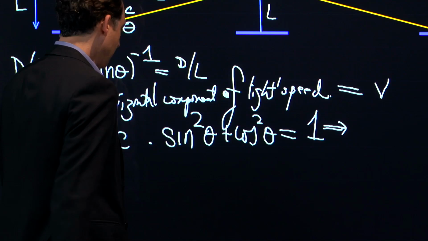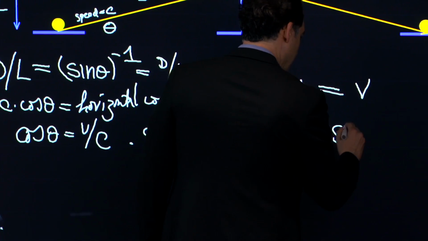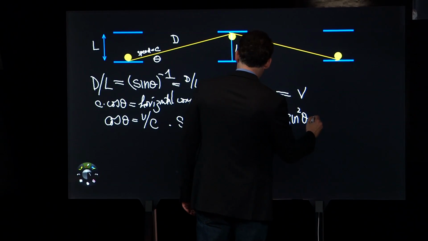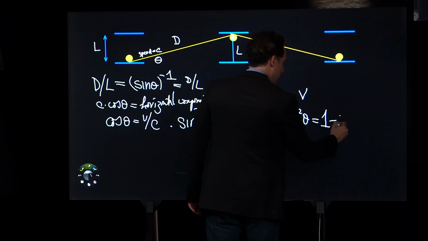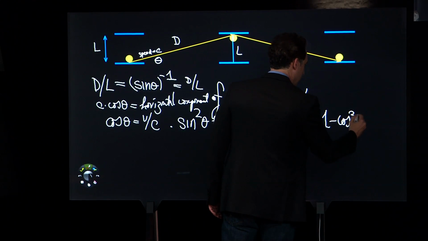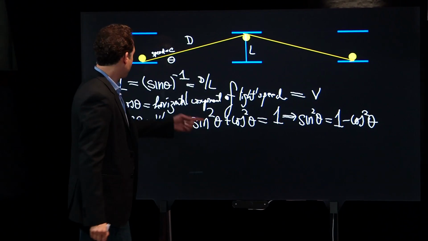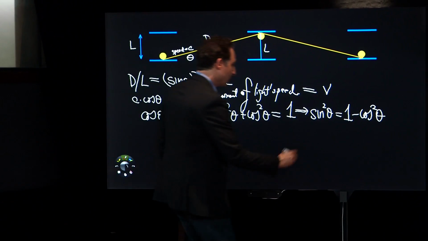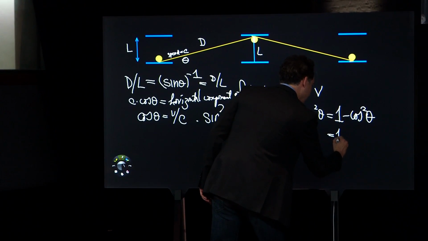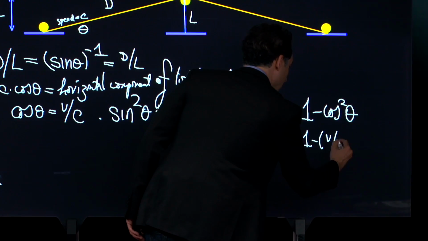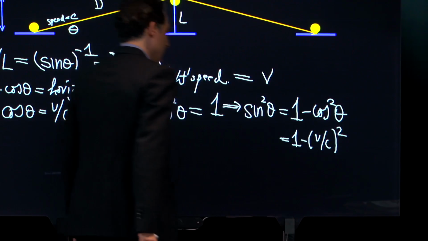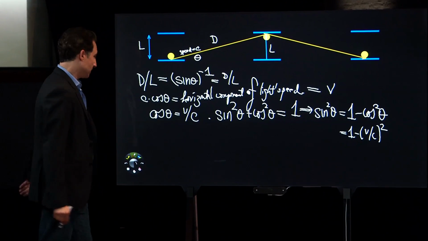That being the case, we can write that sine squared theta is equal to 1 minus cosine squared theta. And from cosine theta equals v over c, this is equal to 1 minus (v over c) squared. So sine theta is the square root of that.